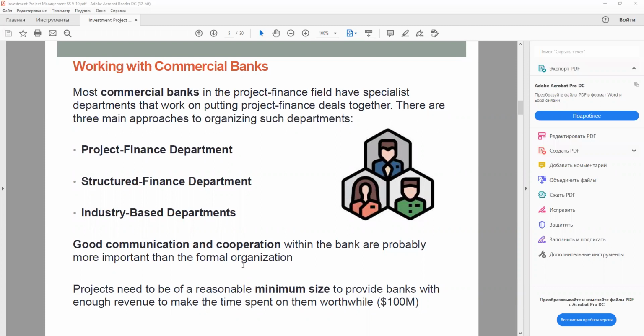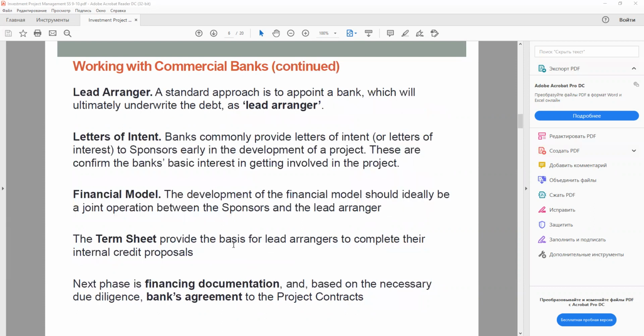But of course, these are slightly different figures than for the global market. Still, the structuring of project finance is a very expensive and time-consuming process, so banks should consider the effectiveness of involvement in such a project on the basis of the cost of the staff too.